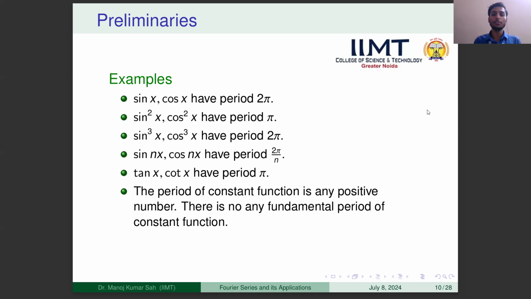So in this case, what you see is that you are not able to find the smallest number. You are able to say a smaller number, but it is very hard to say the smallest one. Therefore, you are able to say here, there is no fundamental period of the constant function.